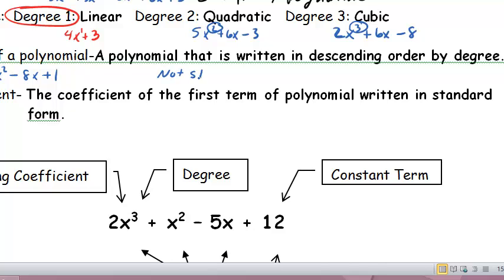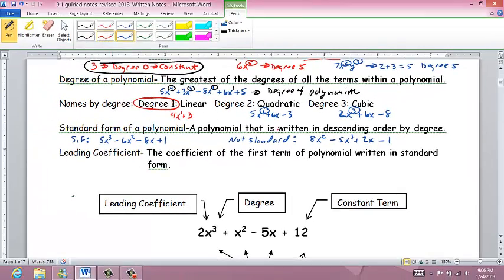Not in standard form would be a polynomial written as, say, 8x to the second minus 5x to the third plus 2x minus 1. If I look, is this in descending order by degree? Absolutely not. Now, we could write that in standard form if we wanted to.